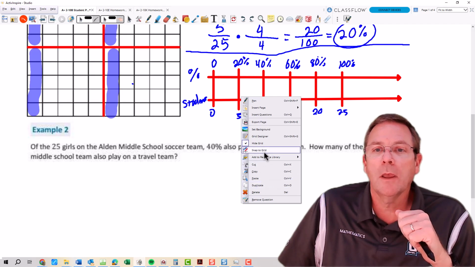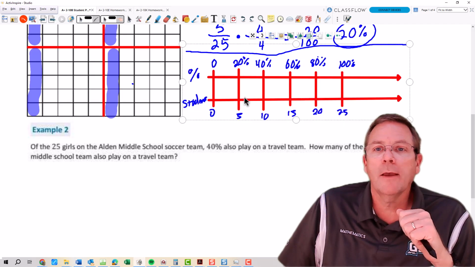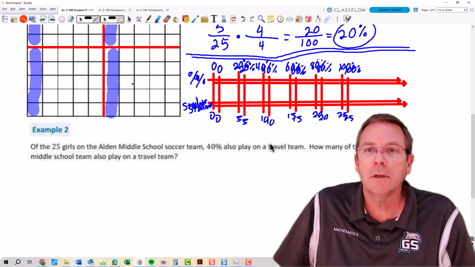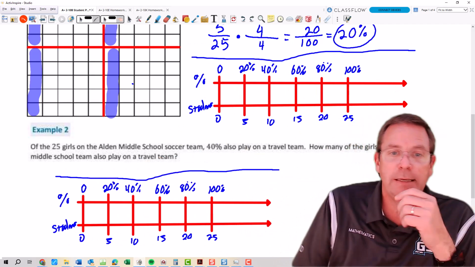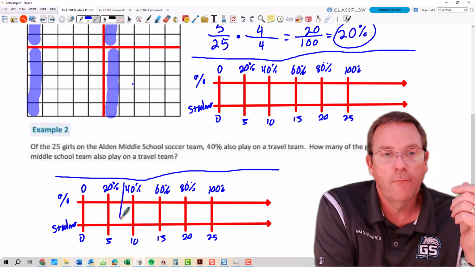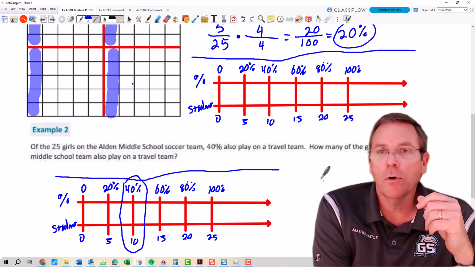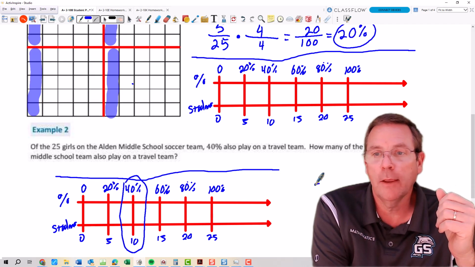So I'm going to group it, copy it and paste it, and then bring it on down here. And right there we can see we've already done all the math for it, where 40% is going to equal 10 girls.